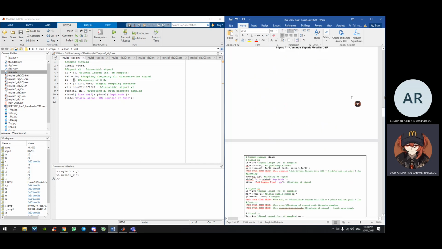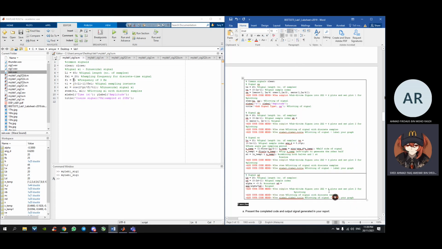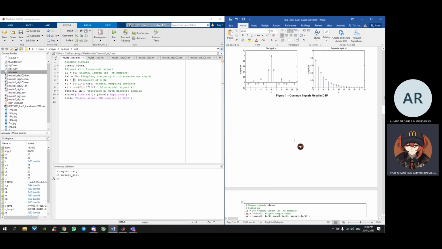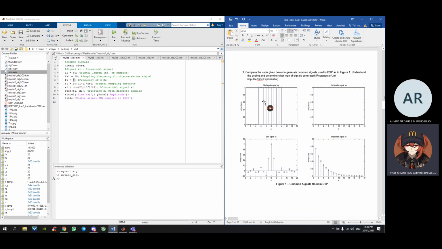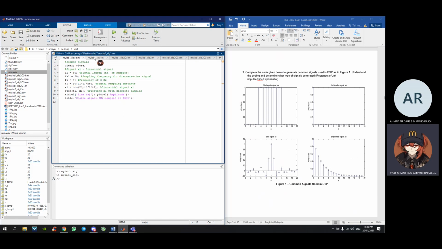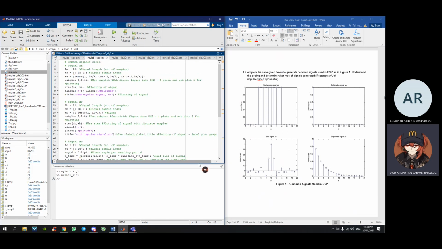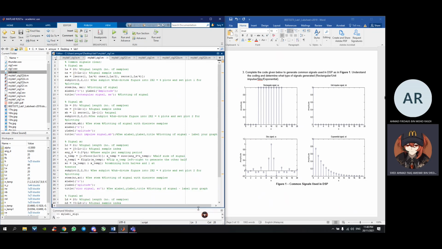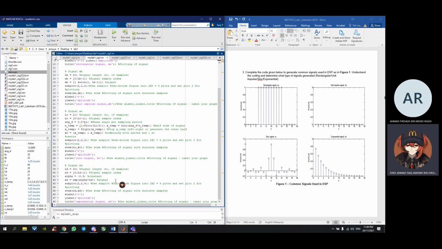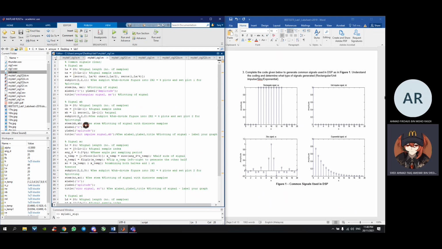So we need to complete the code and then generate these four signals. Here we can see the rectangular signal, the unit impulse signal, the sine signal and the exponential signal. We got 4 subplots here, and we use the sampling of 20.